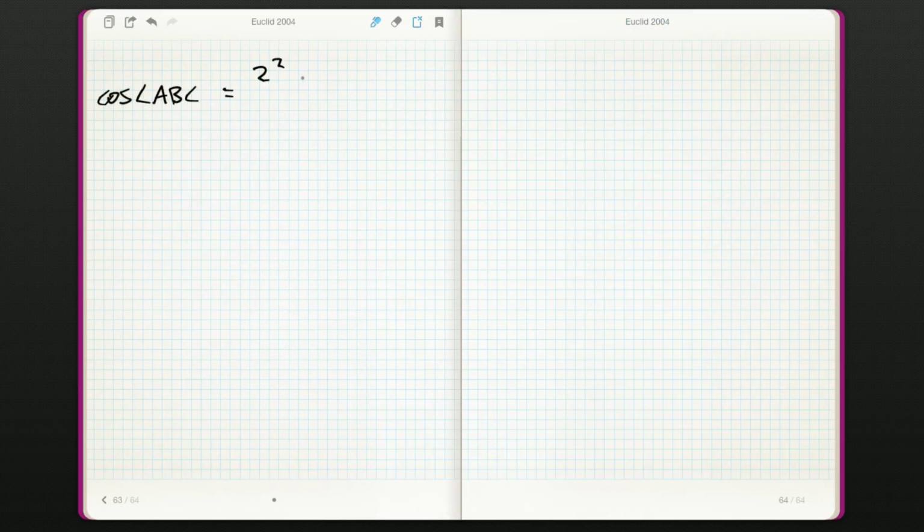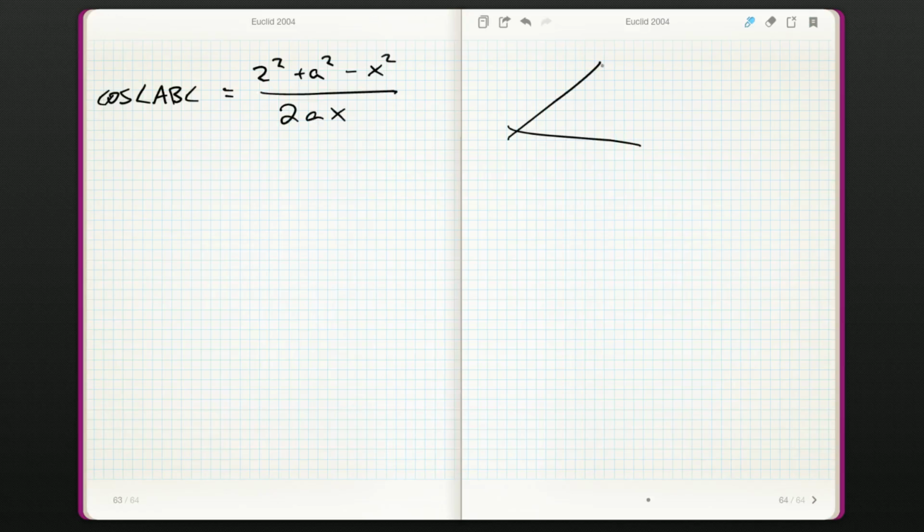So we have z squared plus a squared minus x squared all over 2ax, right? Z's here, the angle we want is here, x is here, a is here.